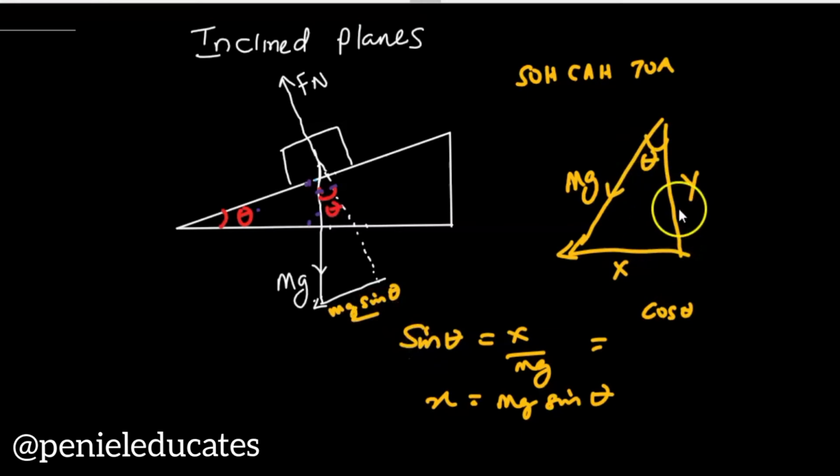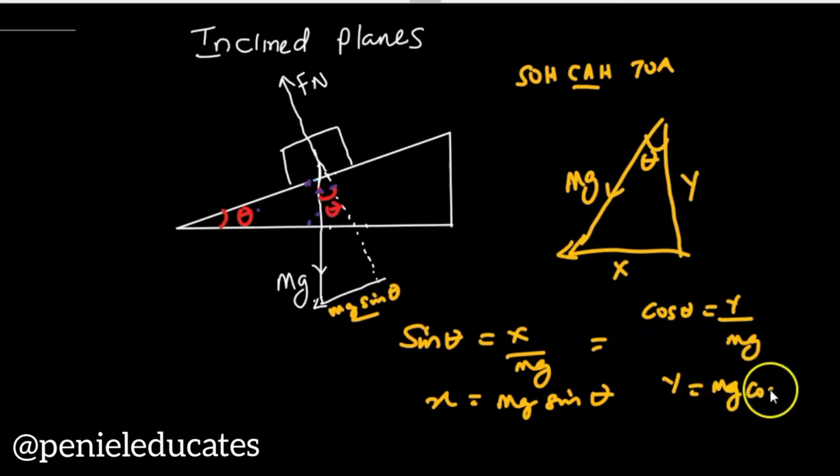Then this particular one is adjacent, this one is hypotenuse, so we use cos theta, which will be adjacent, which is y, over hypotenuse, which is mg. Then we have our y component to be mg cos theta. So the component here is mg cos theta.